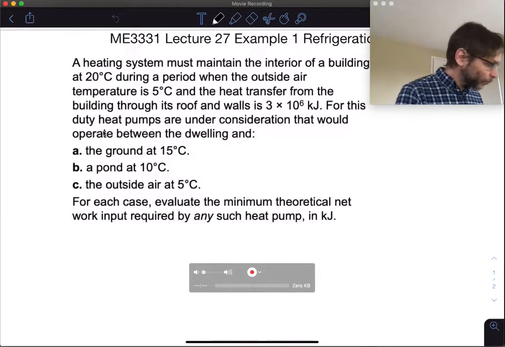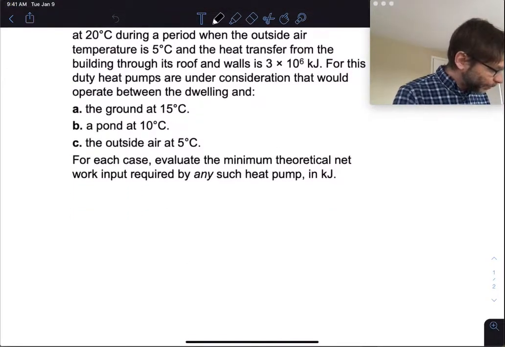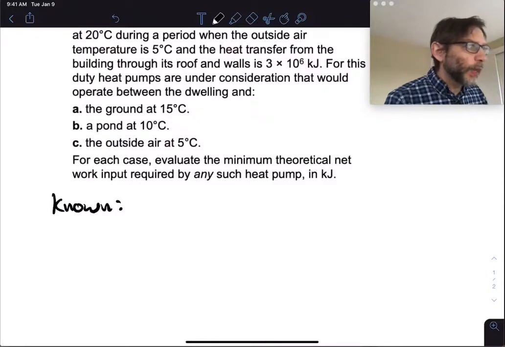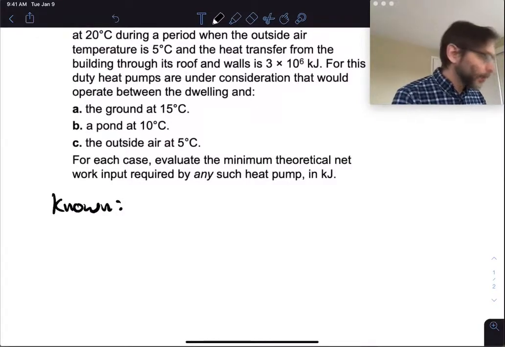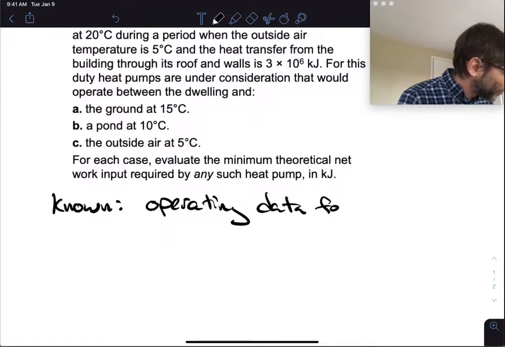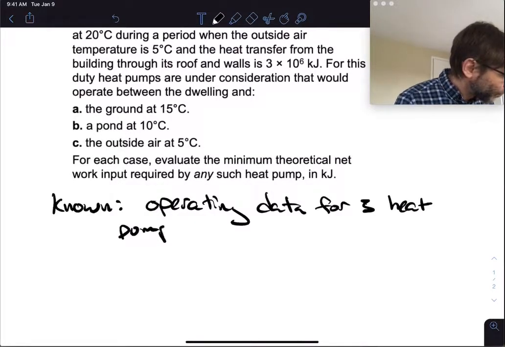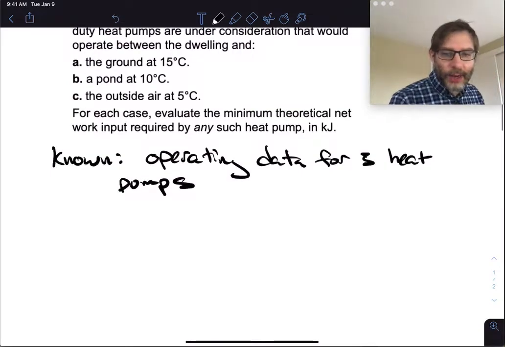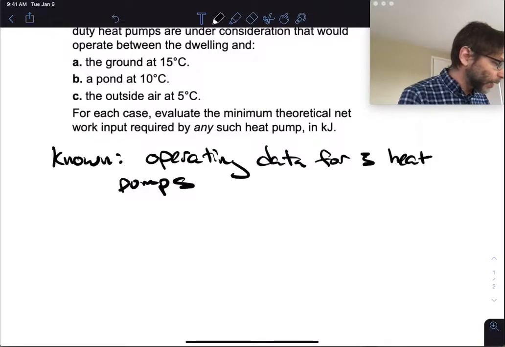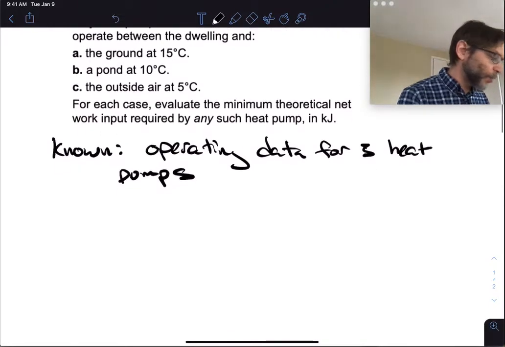Okay, so in this case, what's known? Well, what's known is that we have operating data for 3 heat pumps. They use the cold outside ambience, either the ground, the pond, or the outside air, to heat the building.